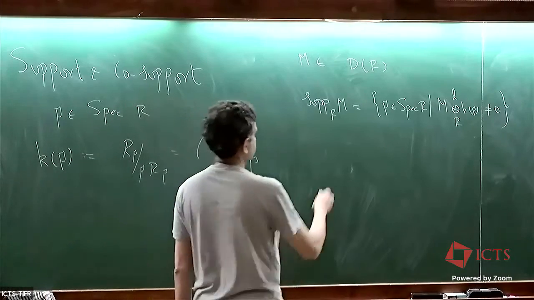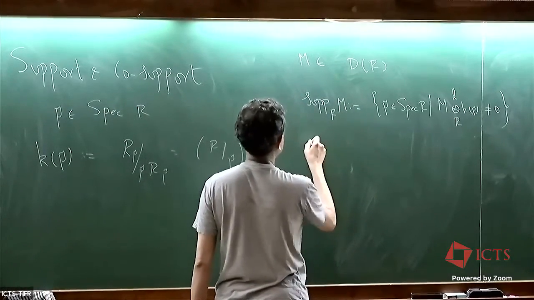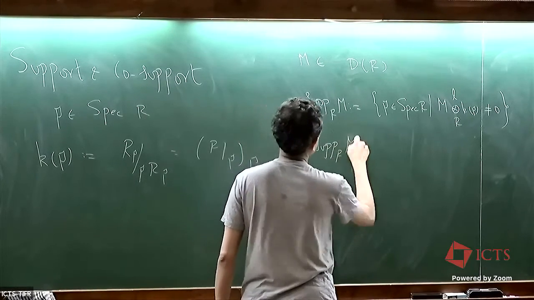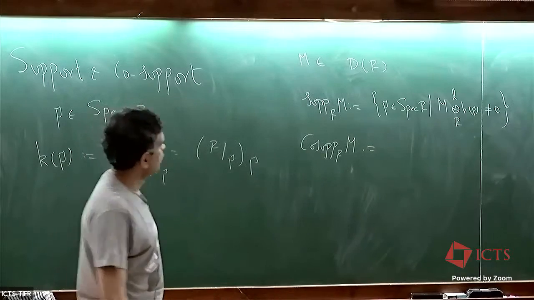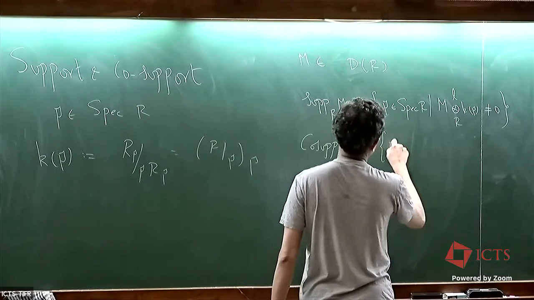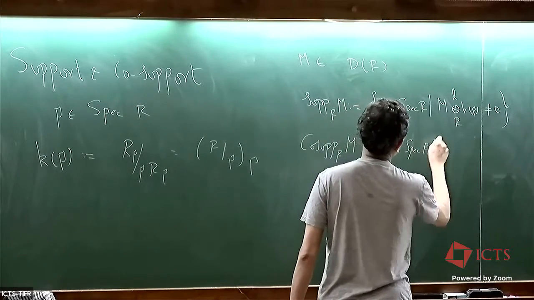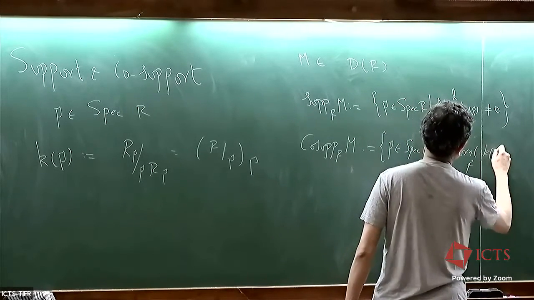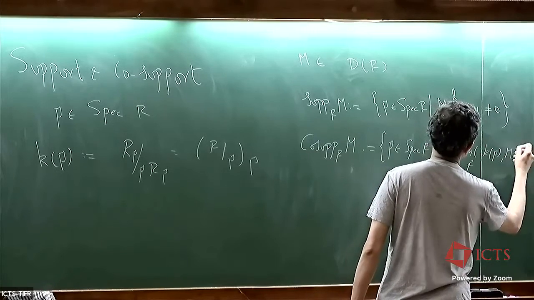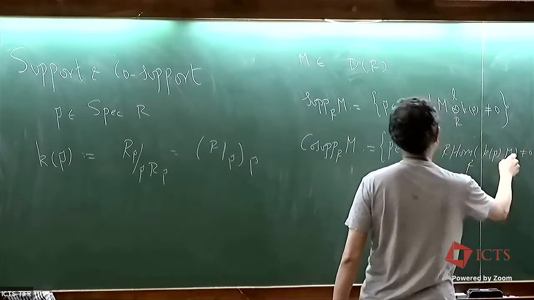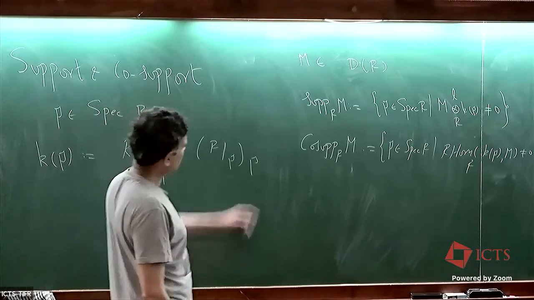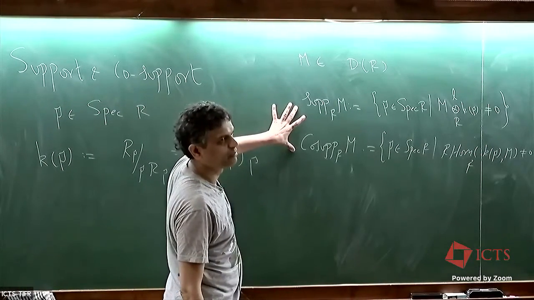And in the same way, one defines the co-support. Actually, this comes up first in the book Axiomatic Stable Homotopy Theory by Neeman and company. So the co-support is looking at primes where there are no maps from k(P) to M. So this looks like a funny thing to do, but it turns out to be exactly the right thing to do. So this is the support of M and this is the co-support of M.